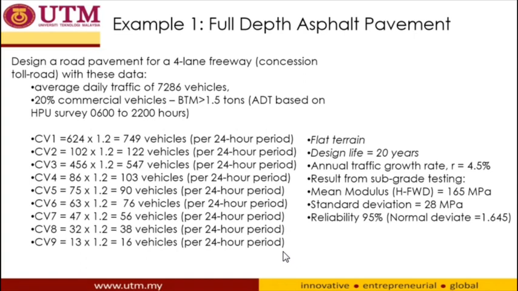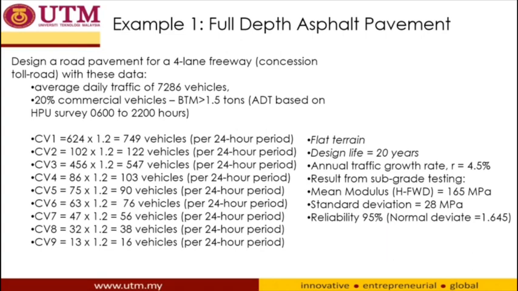Okay, others we have flat terrain, design life selected for 20 years, annual traffic growth rate of 4.5%, and then based on the result of subgrade testing, we've got mean modulus from HFWD or heavy falling weight deflectometer is 165 megapascal, standard deviation of 28, and reliability is 95% with normal deviate of 1.645.